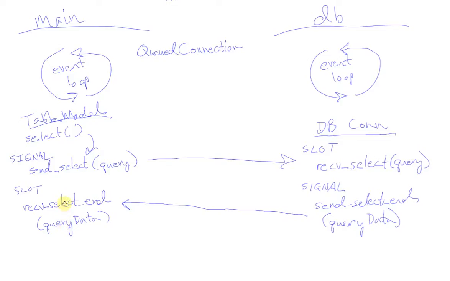Now, I did not end up using the signals and slots. Why? Because it is an observer mechanism, and if there were multiple table models, then send select end would fire off for one of the table models, right? Let's say it's like this.